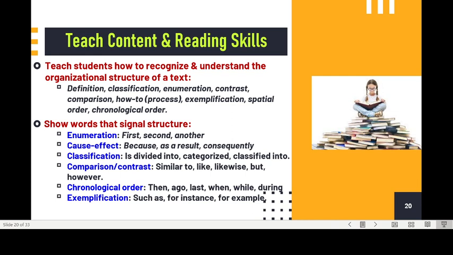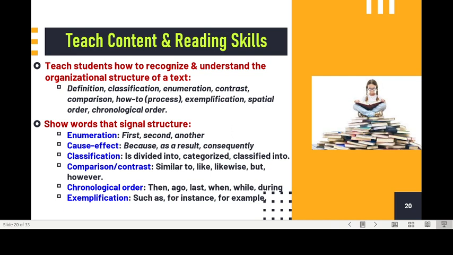We can have a comparison. The paragraph can be a process paragraph, or the text can be process. It shows how we can make things. It can give examples. It can tell the spatial order or chronological order of something.